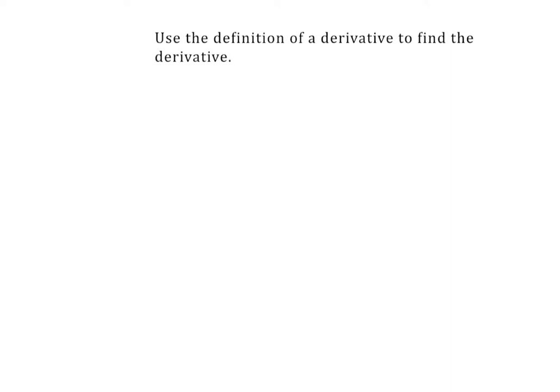And now we're going to use that limit definition of a derivative to find the derivative. So we've been practicing this when finding the slope at a single point, but now we're finding the derivative, which is the function that helps you find the slope at any point. So let's say I have this function, y equals 3x squared plus 5x plus 2.